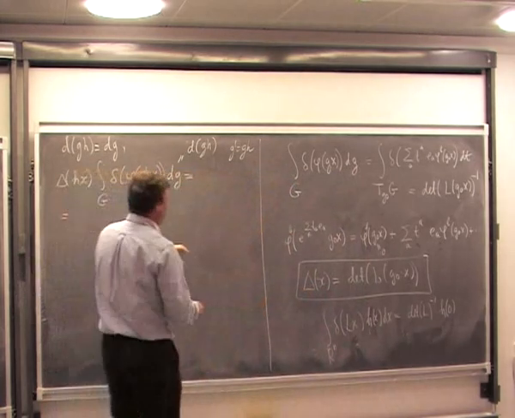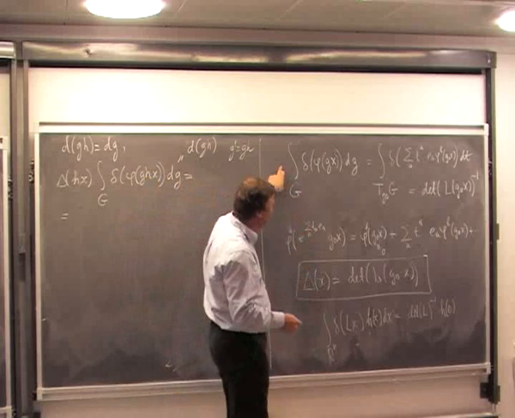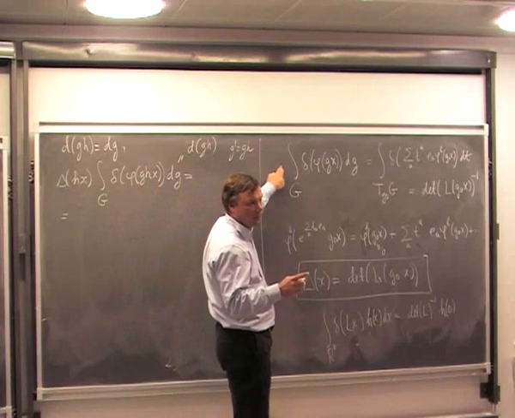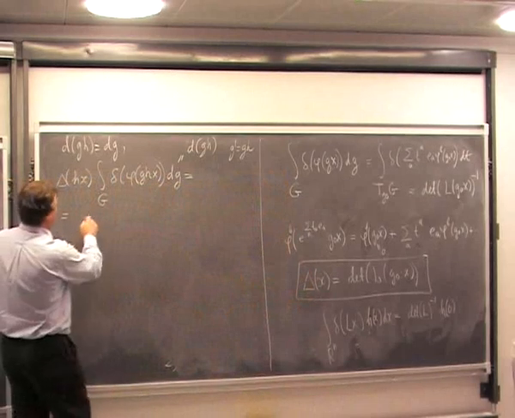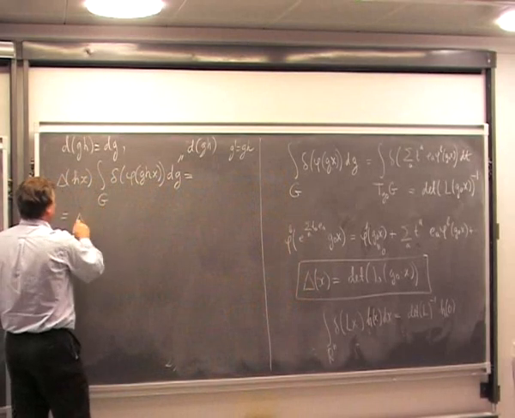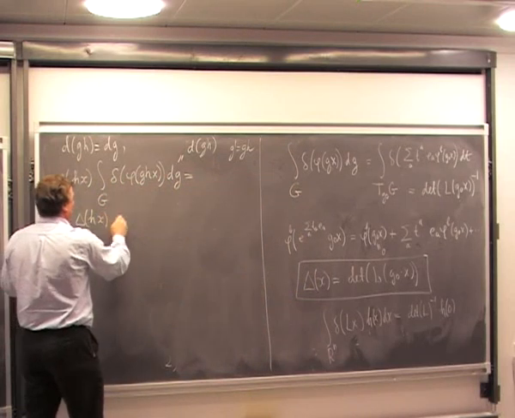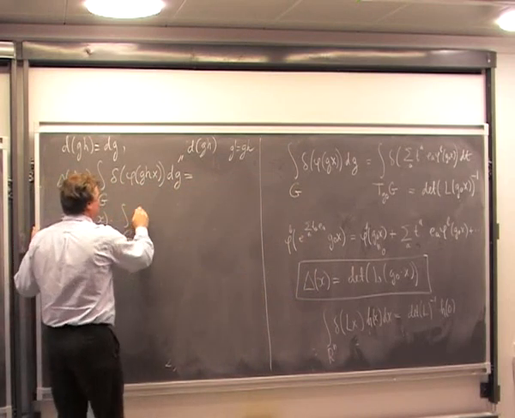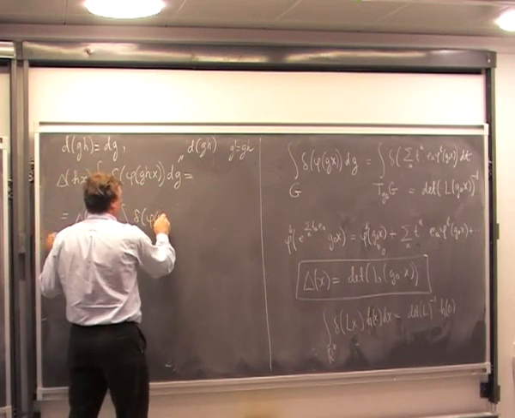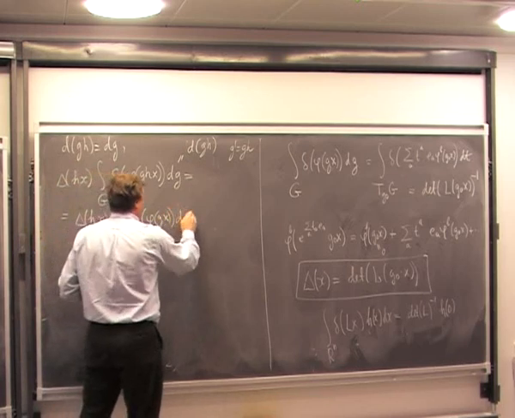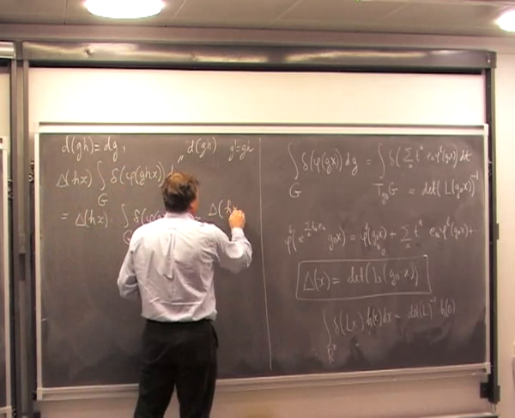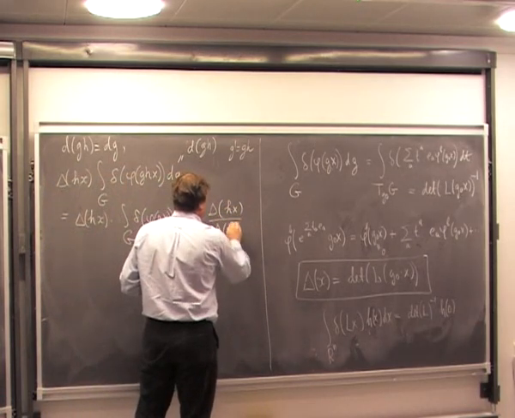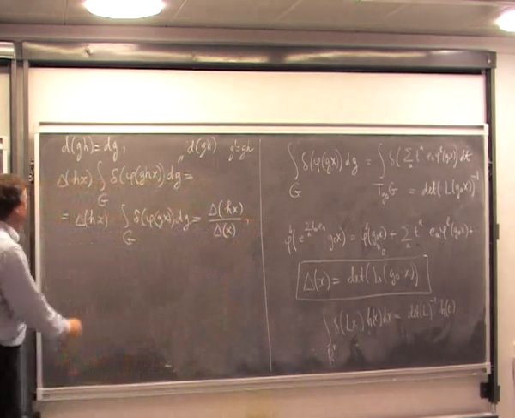Yes, but you see delta times this should be equal to 1. Oh, sorry, okay. Very good. So this is equal to delta hx times the integral over g of delta phi gx dg, and this is equal to delta hx del x.